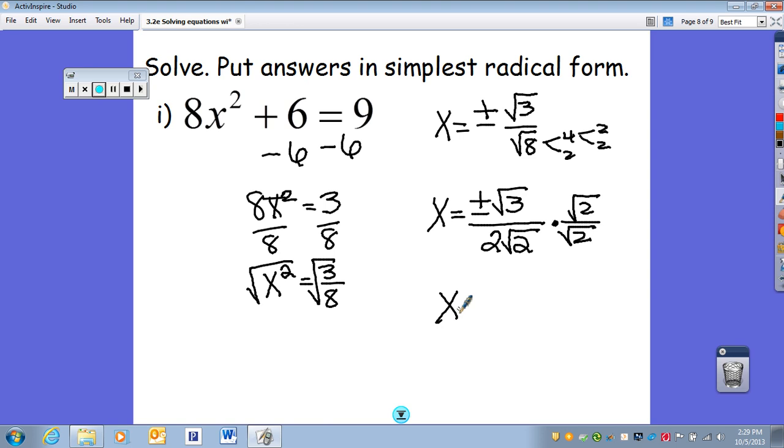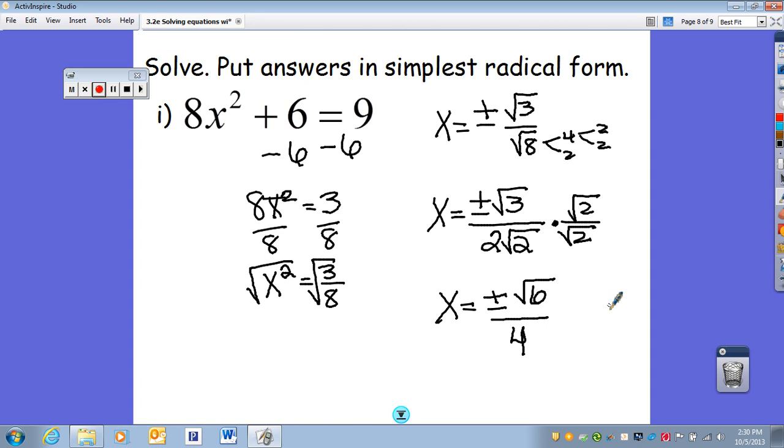So our final answer will be x equals plus or minus the square root of 3 times the square root of 2, which is the square root of 6, and then the square root of 2 times the square root of 2 is the square root of 4, which is 2, but I already have another 2, so this is going to be a final denominator of 4.